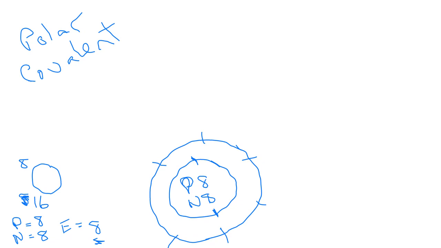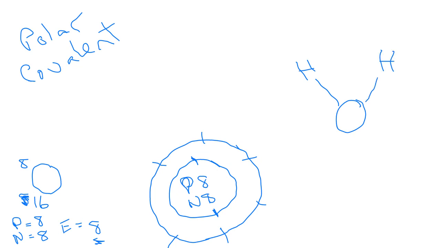Right? So guess who it likes to bond with? It likes to bond with hydrogen. Why? Because hydrogen has 1 electron and is missing 1 electron. So oxygen loves to make bonds with hydrogen. Oxygen's missing 2 and it bonds with a hydrogen and it bonds with another hydrogen.